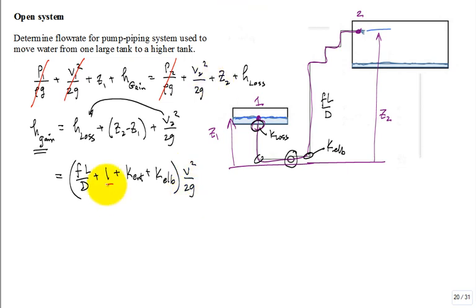Where did this 1 come from? Maybe somebody uses alpha, the kinetic energy correction factor. It's the kinetic energy coming out of the pipe. And then you have Z2 minus Z1. True?